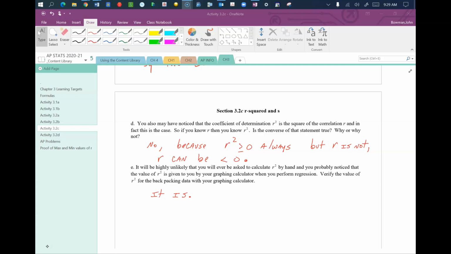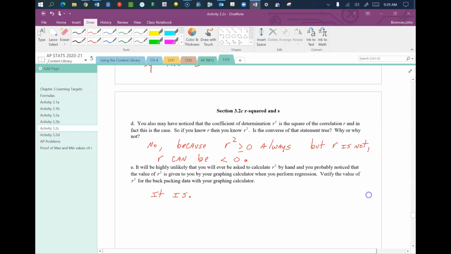The problem is R can be negative, so if you use the square root function on your calculator, or you simply take the square root, you have to pay attention to whether or not the association is positive or negative to begin with. And then finally, you should go back with this particular example and verify that R squared is actually the correlation coefficient squared.